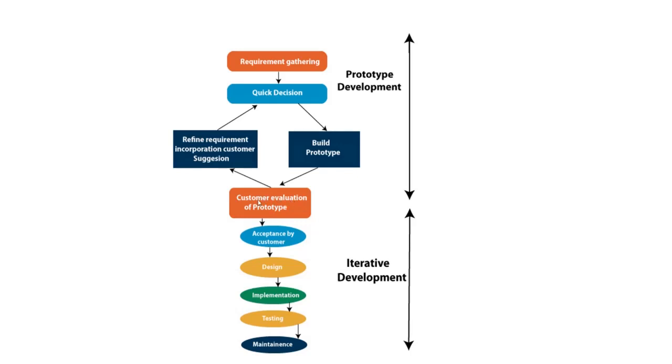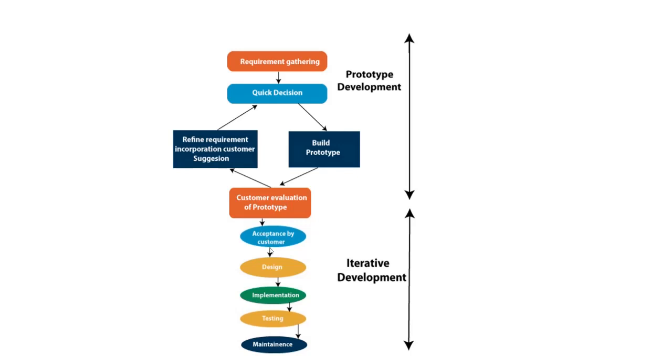If they ask for any modification, then refine the requirements and incorporate the customer's suggestions. Then go back, build the prototype again, and show it to the customer. This process goes on until the customer is satisfied, and the acceptance criteria is accepted by the customer.